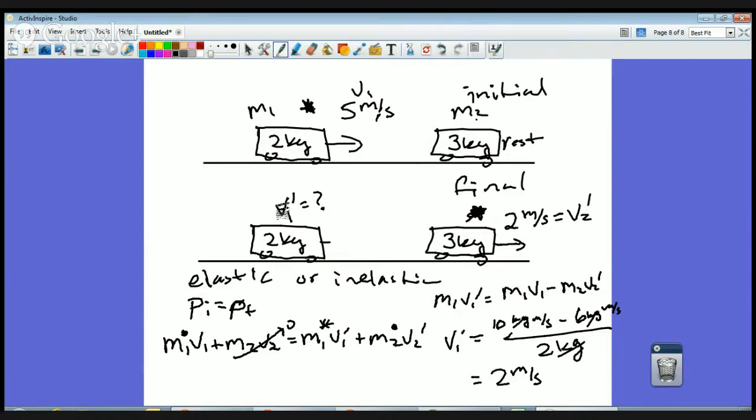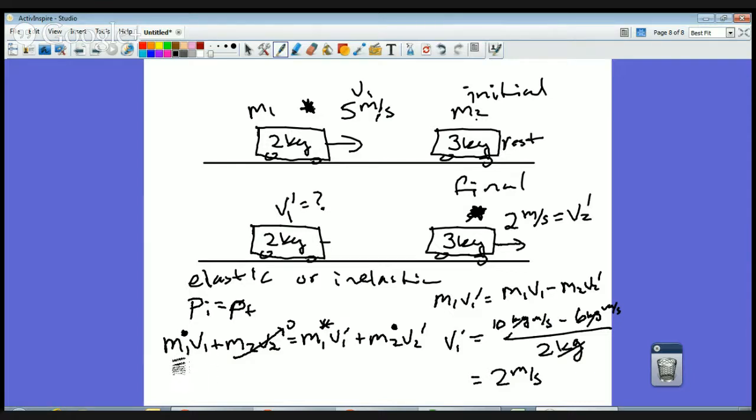Okay, so the other part of the question was, is it an elastic or an inelastic collision? So usually that's like a 2-point question. So you say that you're going to calculate the energies, and if they're equal, then it's elastic.